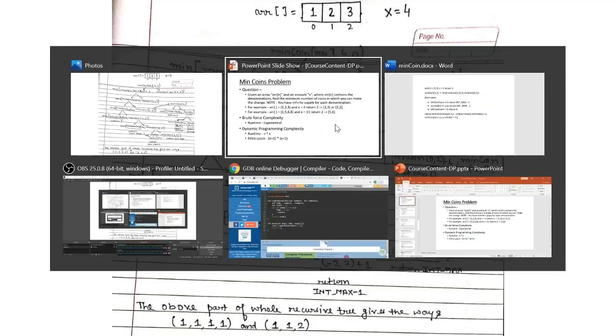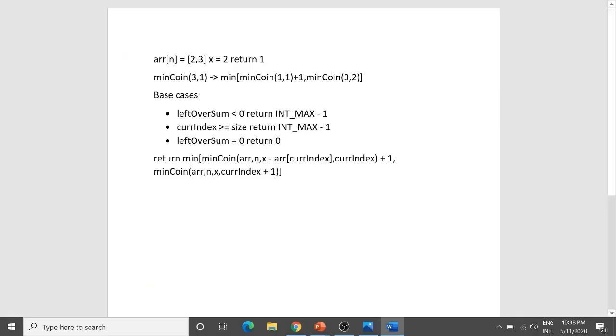Now, coming to overlapping subproblems. If you just open up this subproblem, min coin of 3 and 1, what does this problem say? That currently I am sitting at index 1. Tell me, starting from this index till end of the array, what are the minimum number of coins needed to make 3?